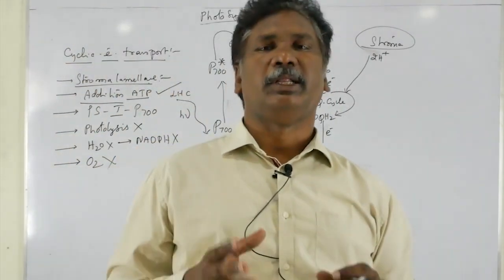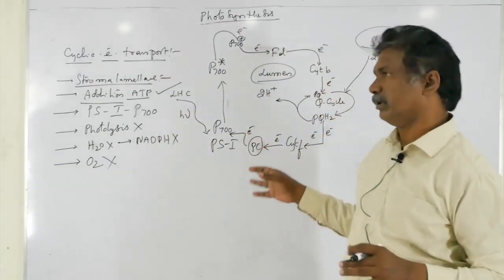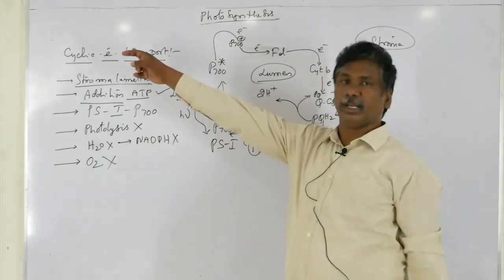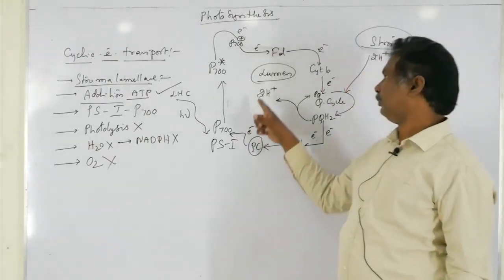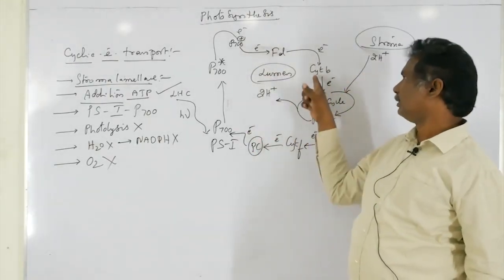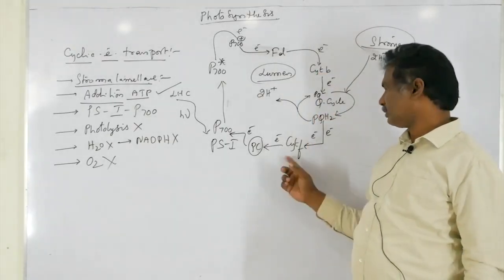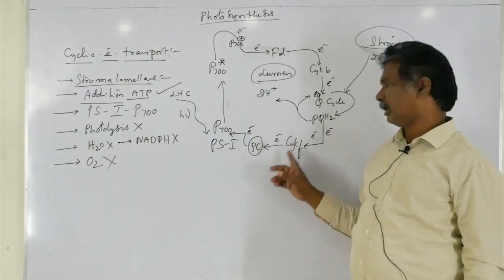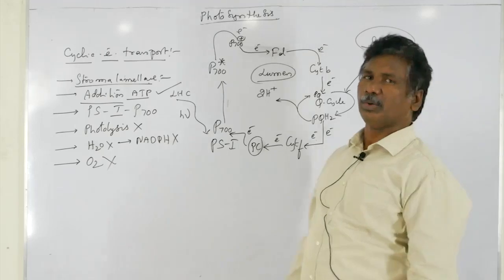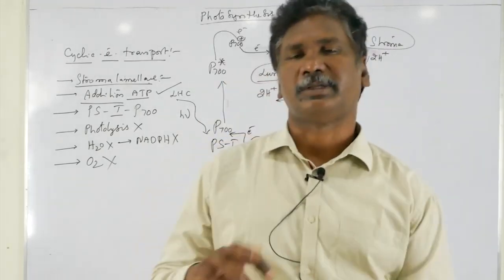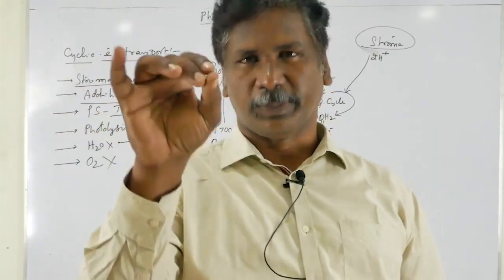You can see the sequence of electron transport in cyclic electron transport, starting with PS1. The electron moves to pyridoxine, to cytochrome B, from cytochrome B to the quinone cycle, to cytochrome F, to plastocyanin, and finally back into PS1. Hence the electron is moved through different electron acceptors and finally reaches PS1.